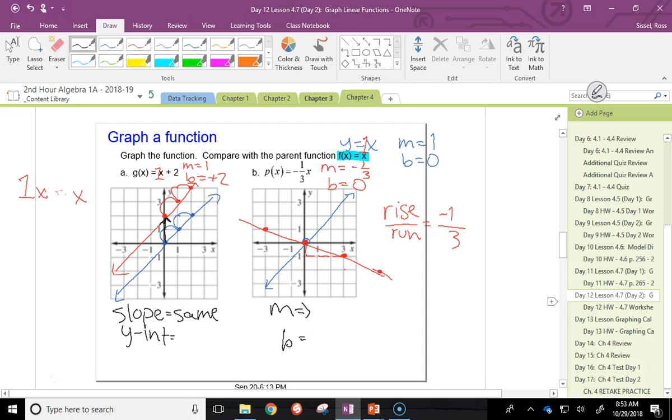So the slope of f of x is 1. And the slope of p of x, our red line, is negative 1 over 3.